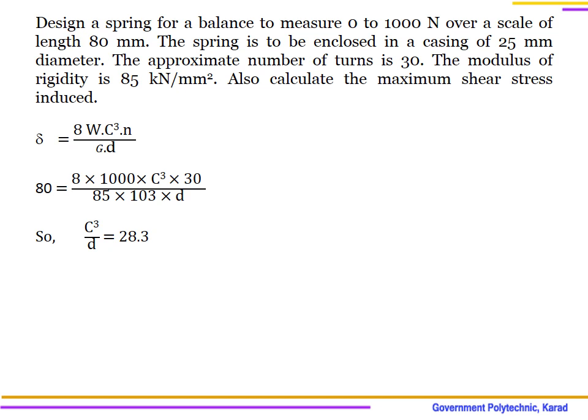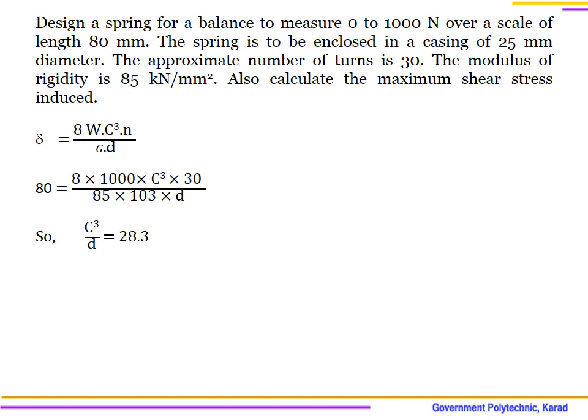So as W increases, the deflection of the spring increases, correct? The spring deflects more due to the load. So here is a tension spring, is it? 1000 Newton load causes 80 millimeter deflection, say.